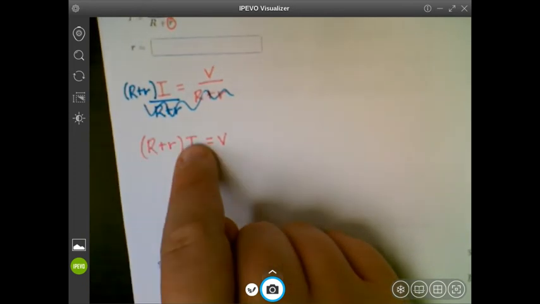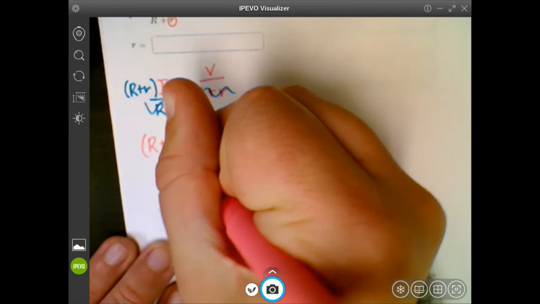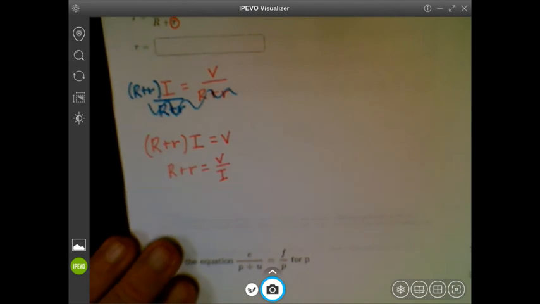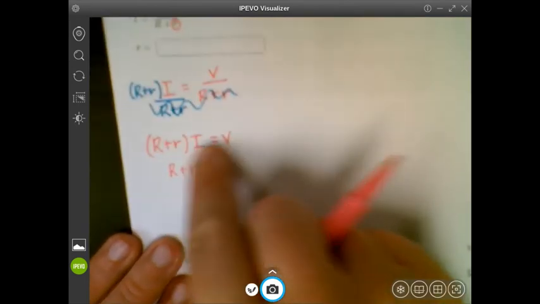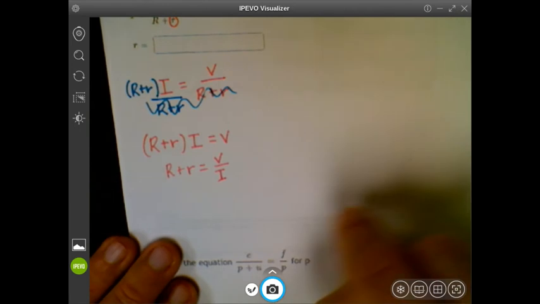This is something times I, so you can divide by I and move it over. You could also distribute, and you should be able to get to the answer as well. It will look different than our answer, but the computer knows to recognize both versions.